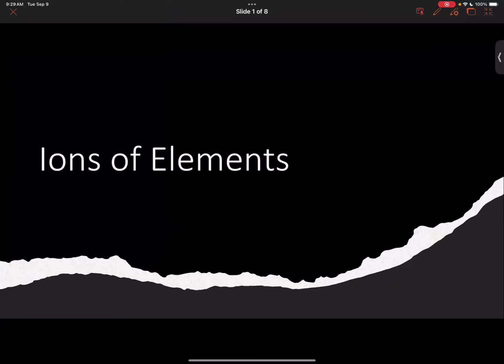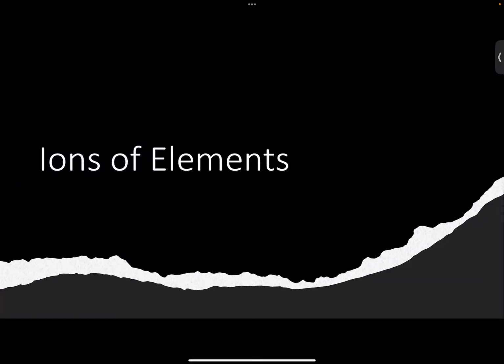And I'm going to start with ions of elements. So on Thursday of last week, we concluded the information by discussing the atoms of the elements that were neutral. When we're looking at atoms of elements, the periodic table has some of the information that you need regarding the atom of the element.